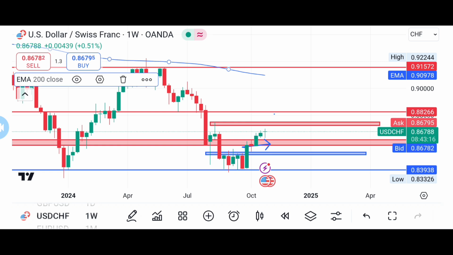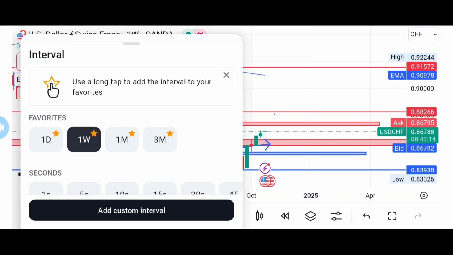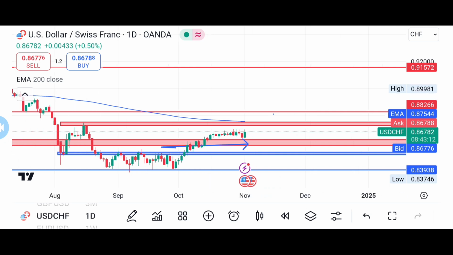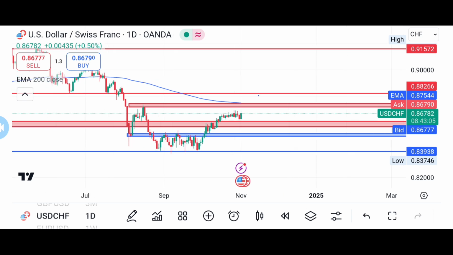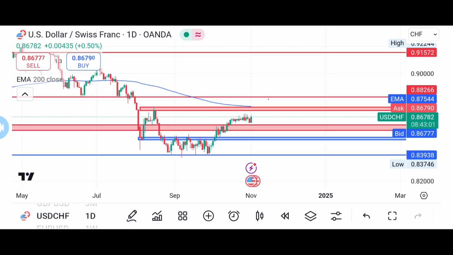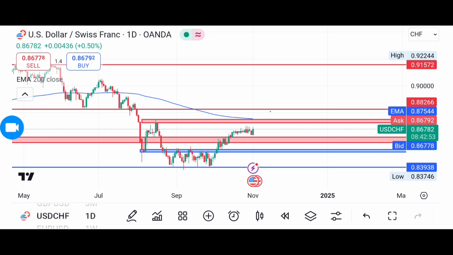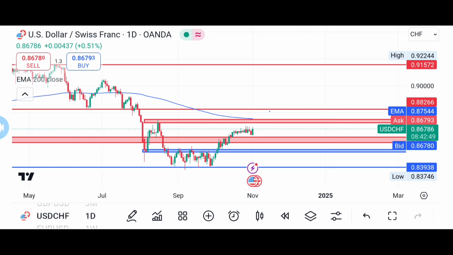To the daily time frame. Remember, I'm doing top down analysis. Let us draw, sorry guys, the current resistance in daily.